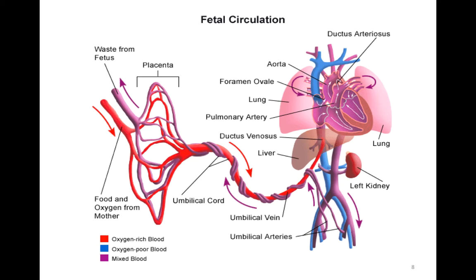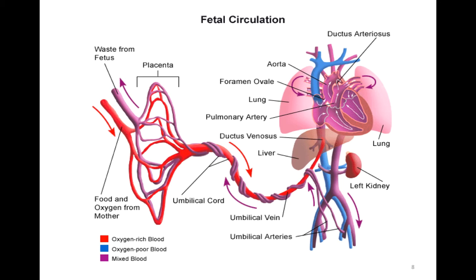It will enter the heart through the lower vena cava or the inferior vena cava. So you can see that in red. You can see it kind of goes into the liver there, but it bypasses most of the liver to enter the heart on the right side, and then through the oval opening.